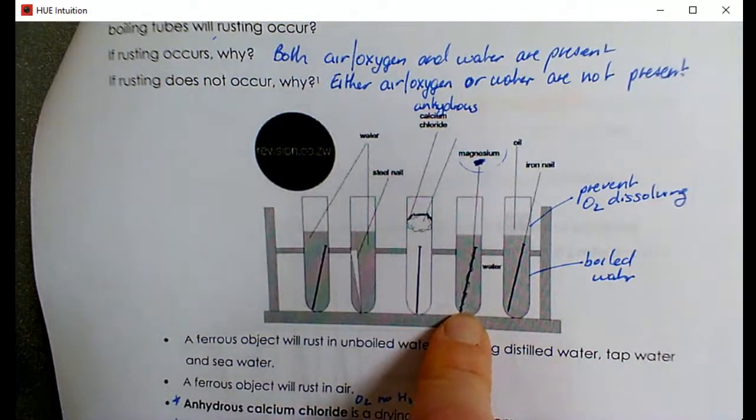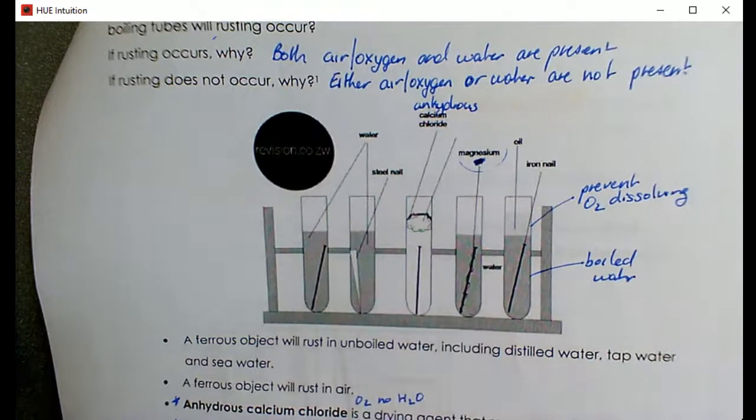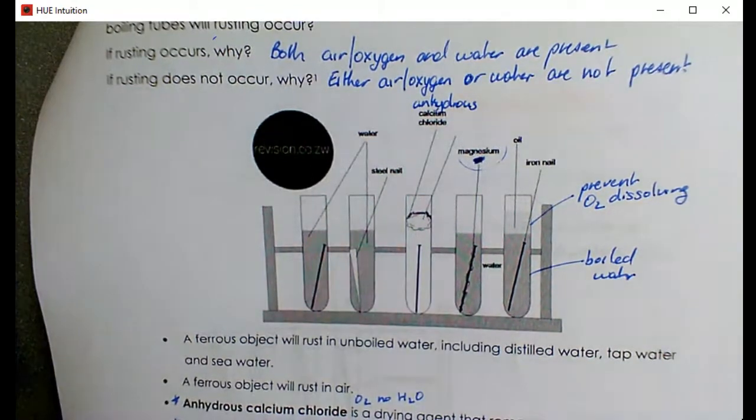And the reason is that magnesium is more reactive than iron and reacts in preference to it. So that magnesium will protect the iron until it all has reacted itself, and then you would have to replace it. That's why they sometimes prefer to use zinc. Zinc is lower in the reactivity series than magnesium, so it'll last longer, it'll react more slowly than magnesium. If you use magnesium, it'll have to be replaced more regularly.